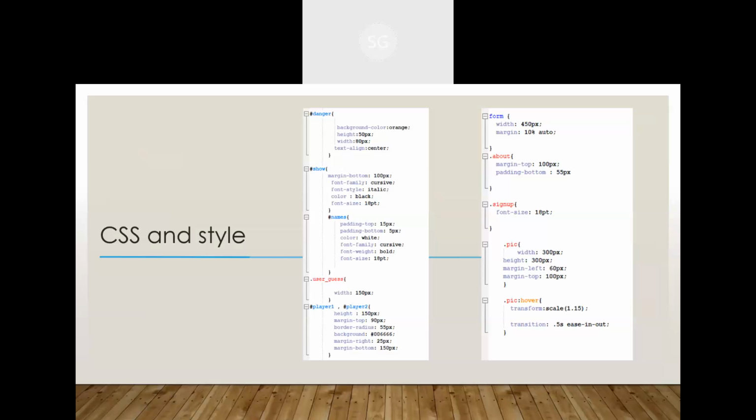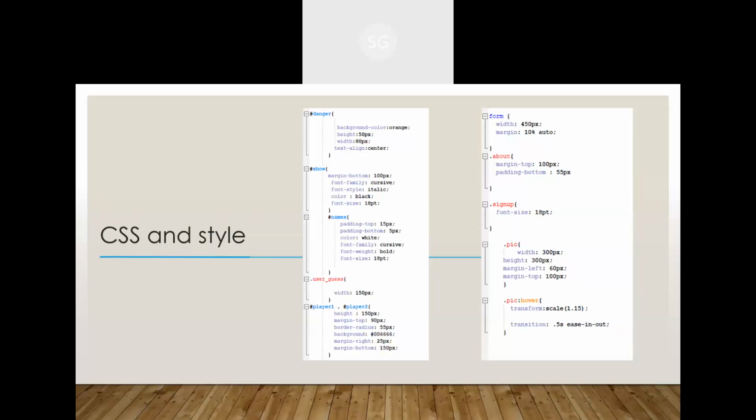Anything that starts with pound is an indication that it's an identifier, and anything that starts with a dot, like about, sign up, pick on the right side, are classes. Whatever properties we want to set will be set within the scope of those particular blocks.